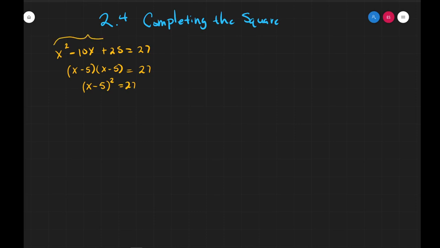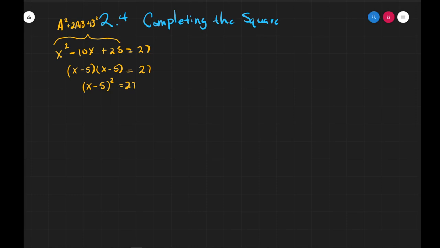If you recall, this was one of those special types of factoring where we had a squared plus 2ab plus b squared. This was that special factoring that I told you about before we ended up with all the craziness. So that's how we got down to x minus 5 squared.